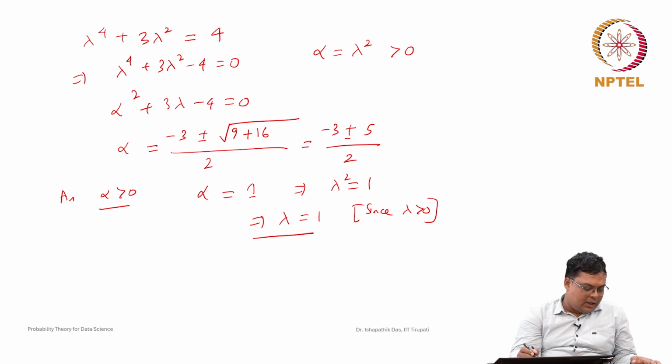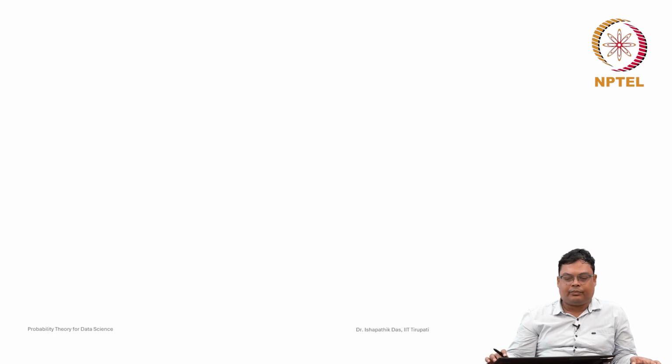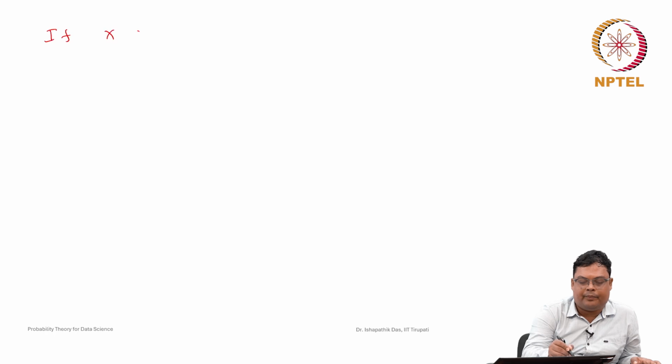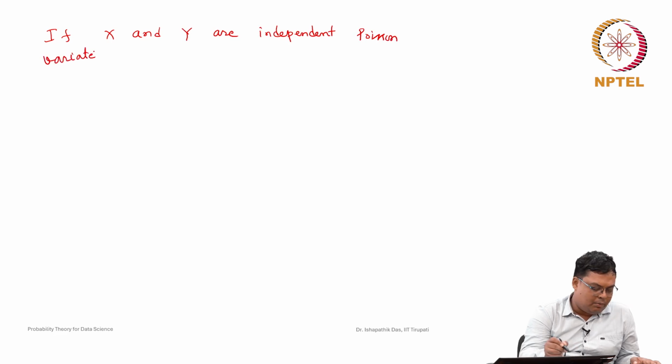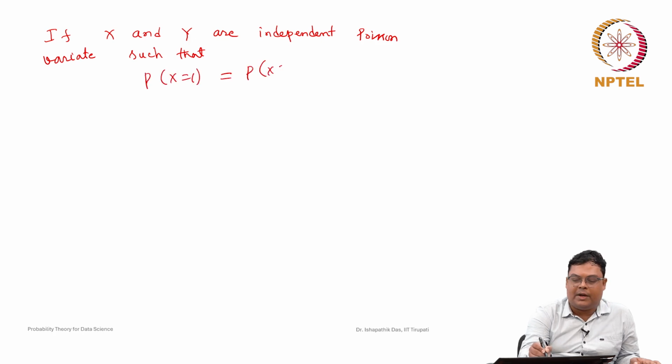So, let us consider some other problem also. Suppose x and y are independent Poisson variates such that the probability that x is equal to 1 is equal to the probability that x is equal to 2.